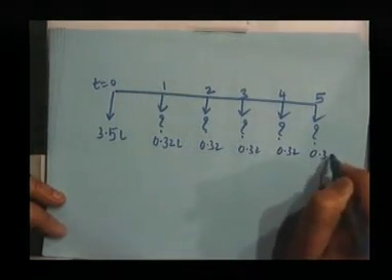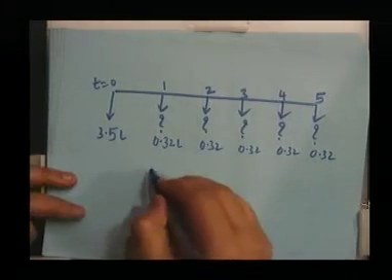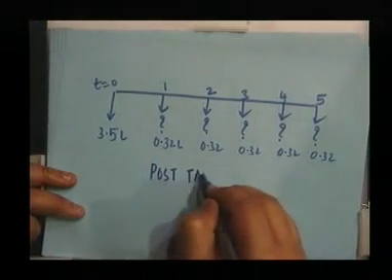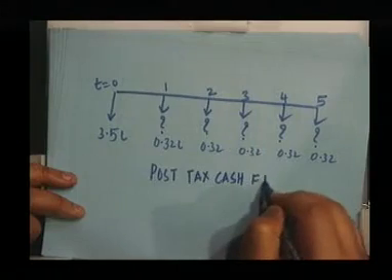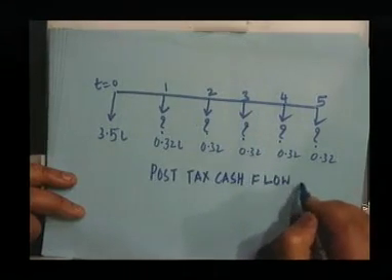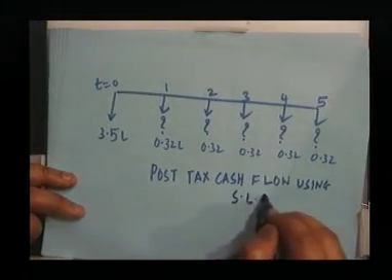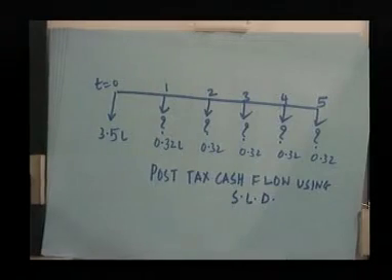Here also it is equal to 0.32 lakhs. This is what the post tax cash flow diagram using straight line depreciation method. Is it clear? In physical sense you must be clear.